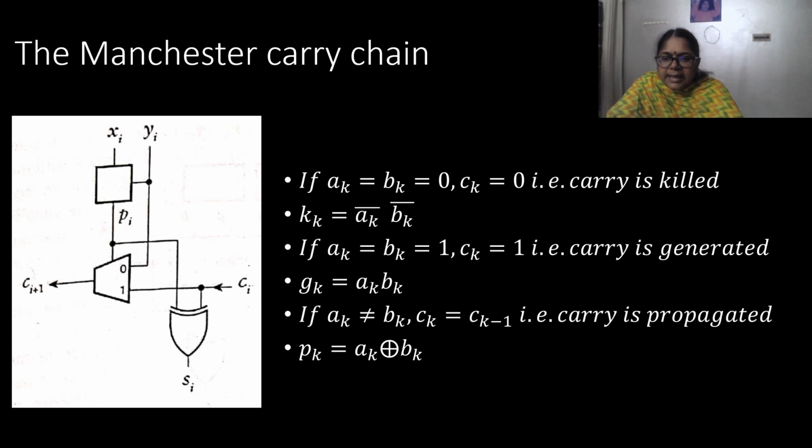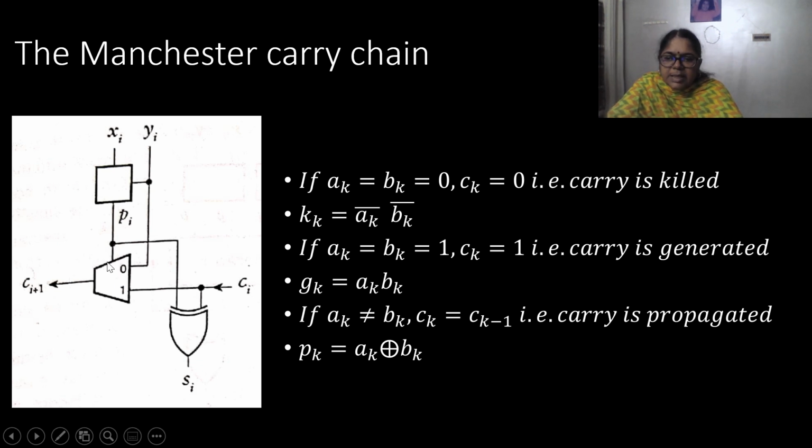This Pi signal is being given as the select line to the 2:1 multiplexer. The first input to the 2:1 multiplexer is Y, and the second input is the previous carry Ci. Thus, the new carry Ci+1 will depend upon the value of Pi.